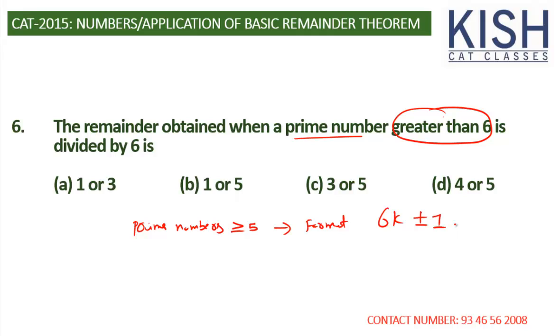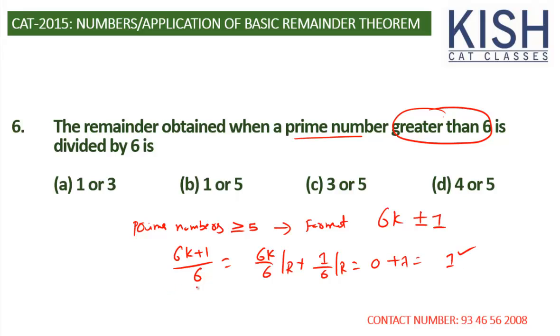Now when we divide 6k plus or minus 1 by 6, obviously if we take 6k plus 1 by 6, that is nothing but 6k by 6 remainder plus 1 by 6 remainder. So 6k by 6 remainder is 0, 1 by 6 is 1, so that is 1.